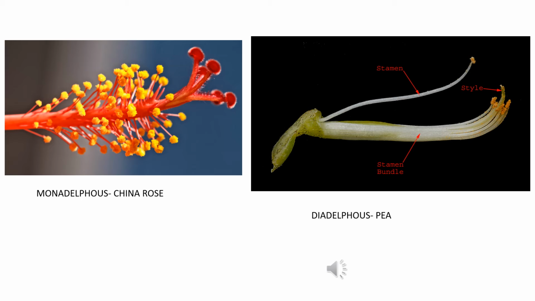Example is China rose. In the second picture, the right hand side picture, we can see that there is a group of stamens which are grouped together and joined at their bases, and a single stamen is totally separated from that bunch. This type of stamen is found in pea and this is called diadelphous stamen.